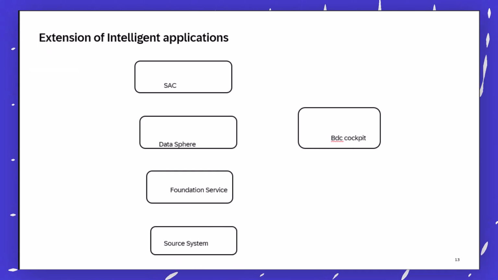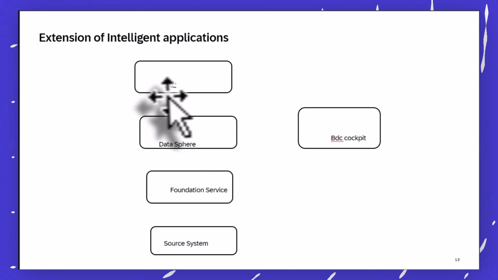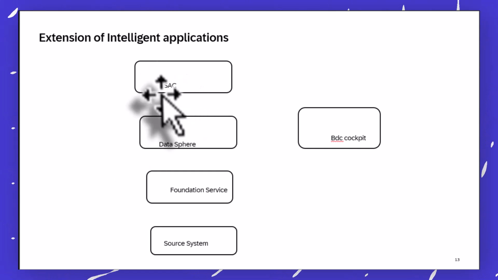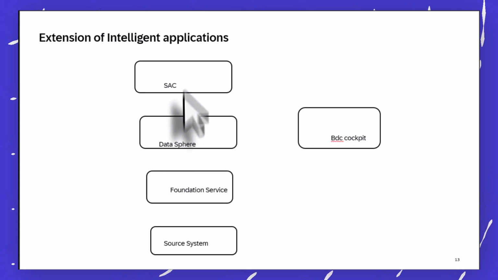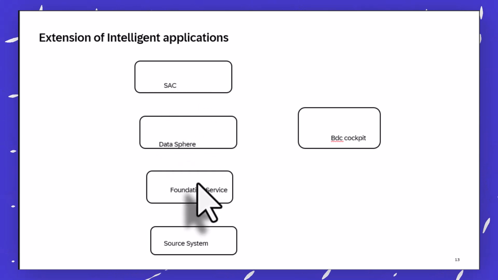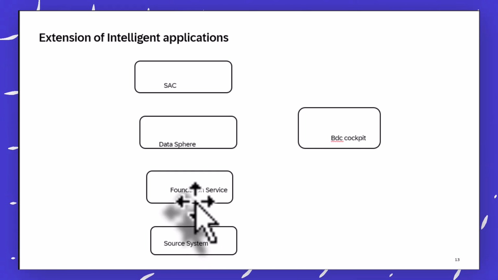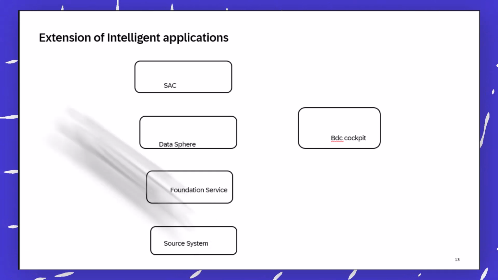So the data moves. All the objects, as I mentioned previously, the respective objects get activated in the respective areas like SAC dashboards, data sphere objects, data products, and then the connection between the source system and the foundation service. Everything happens when you start installing the intelligent application.